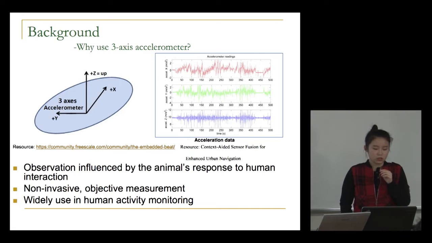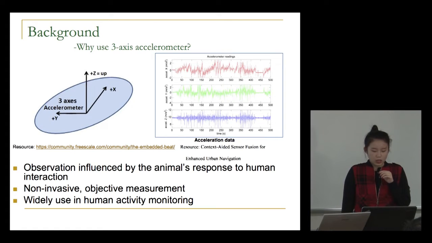And why do we use a 3-axis accelerometer? Here is the principle of the 3-axis accelerometer. Using this device, you can get 3-dimensional accelerations. And a remote monitoring system is needed because evaluation of cattle behavior patterns is difficult to accomplish due to the animal's response to human interaction.